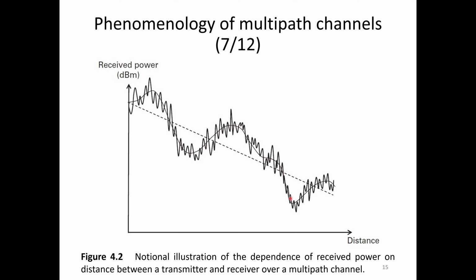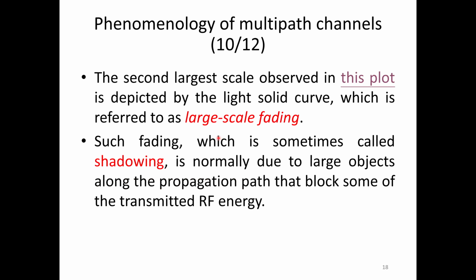Okay, the light curve, which is the large-scale fading. Such fading, which is sometimes called shadowing, is normally due to large objects along the propagation path that block some of the transmitted radio frequency energy.